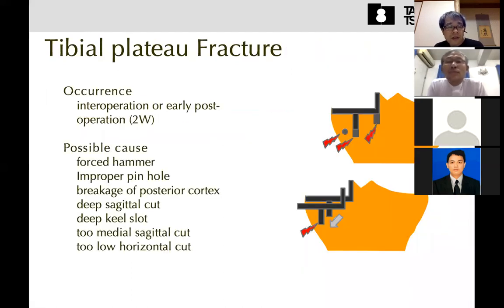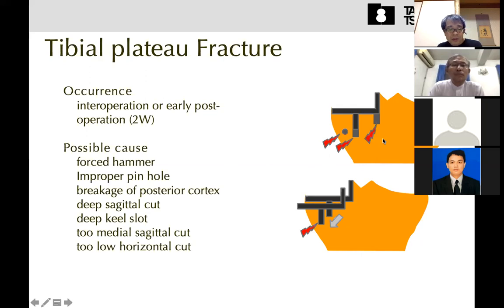So in the literature, the cause of fracture is a technical error. For example, forceful hammering, hard hits with the hammer to insert the tibia tray, and improper pinholes. Sometimes the hole here can cause a fracture, and breakage of the posterior cortex can occur during the sagittal bone cut or keel slot making.